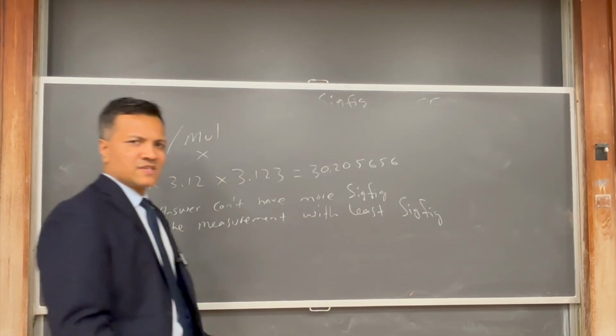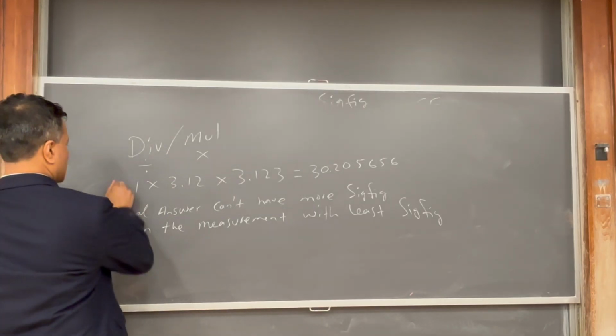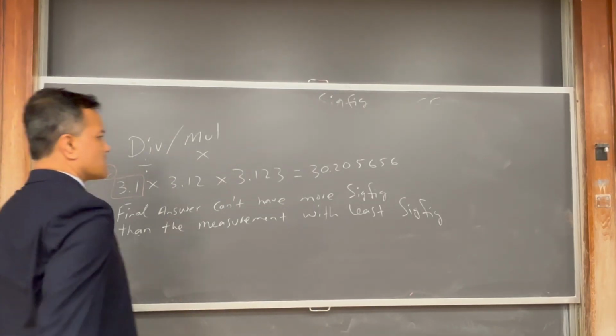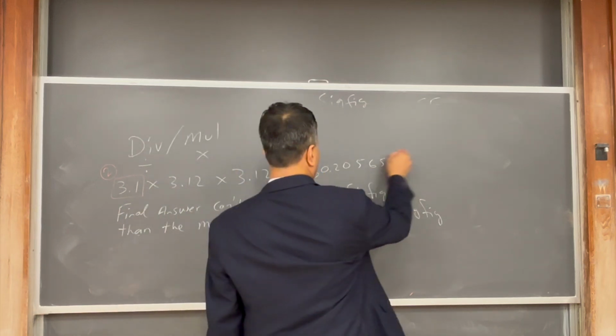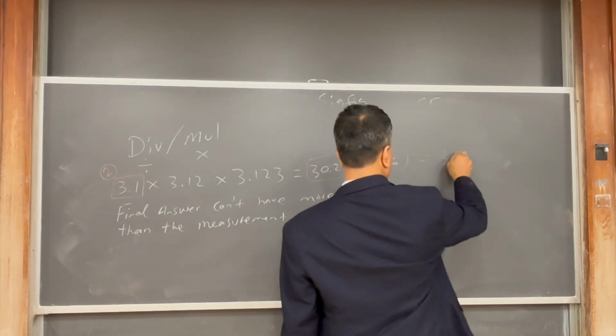Which measurement has the least sig figs? This one has 2 sig figs. The final answer cannot have more than 2 sig figs. So it's just 30.